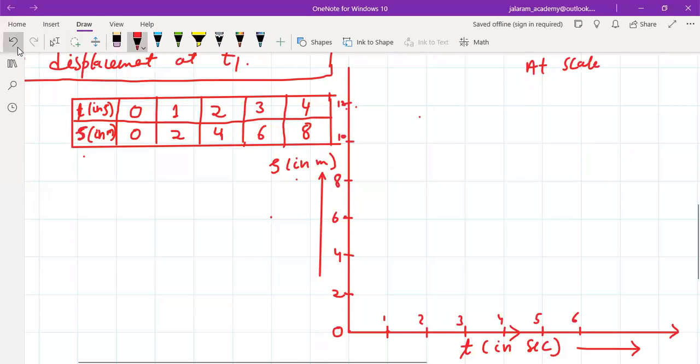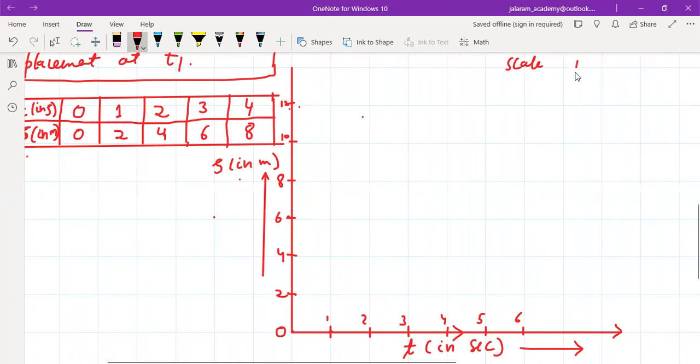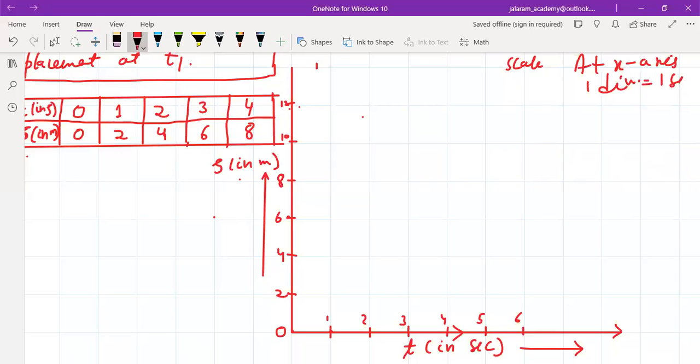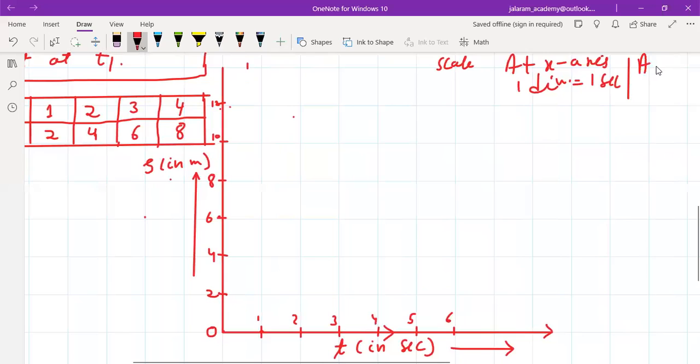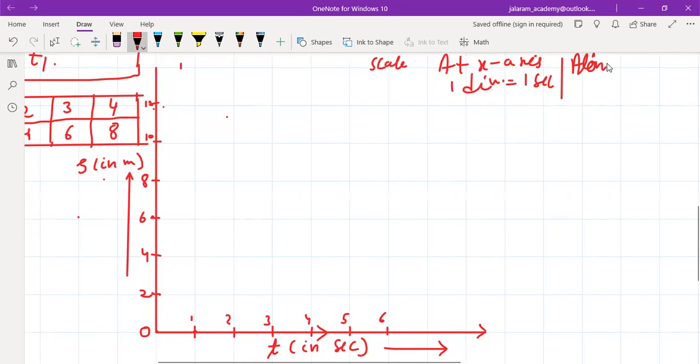Scale: along the x-axis, 1 division equals 1 second, and along the y-axis, 1 division equals 2 meters.